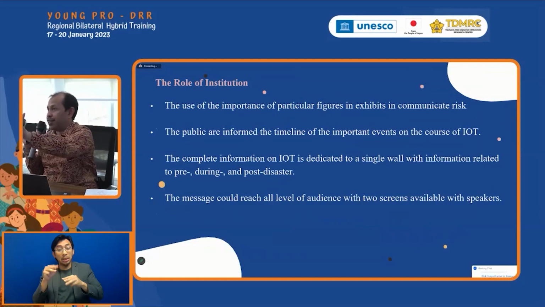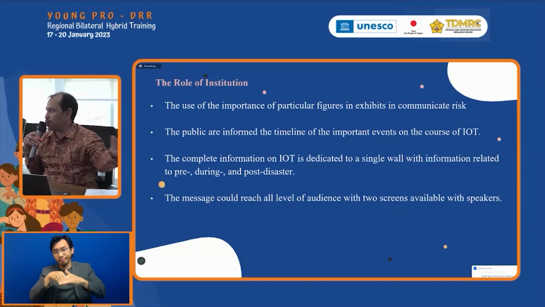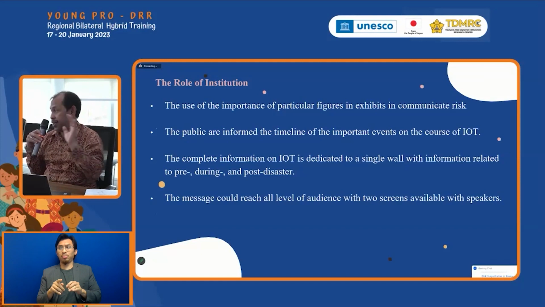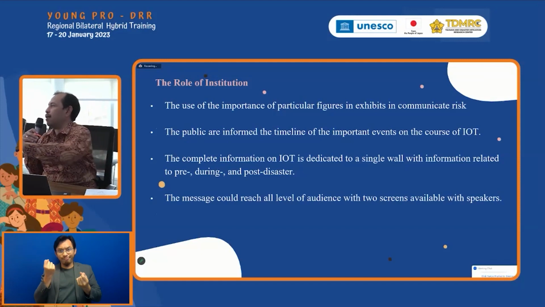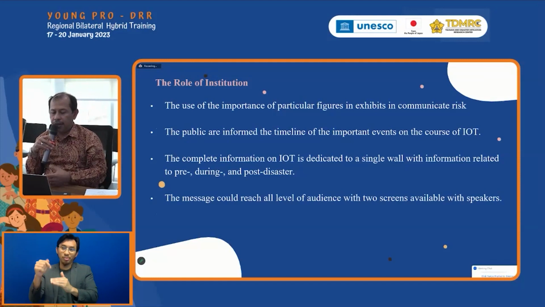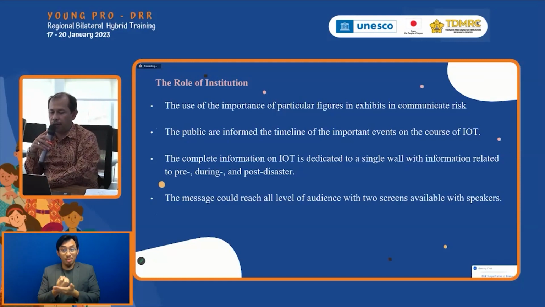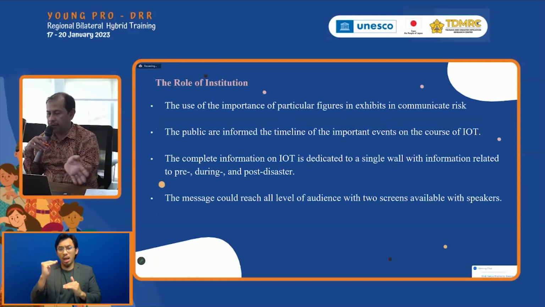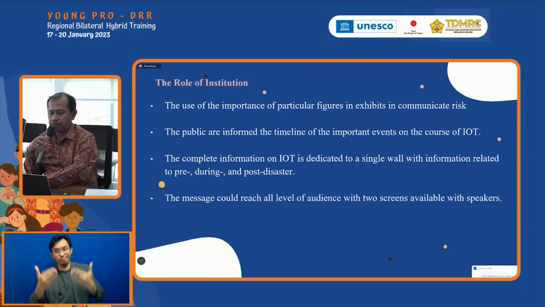When they come to that room, they can see the whole story from the beginning, even without detail. But if they have more time, they can visit another room or another level. And also the message could reach all levels of audience through the screen provided there.